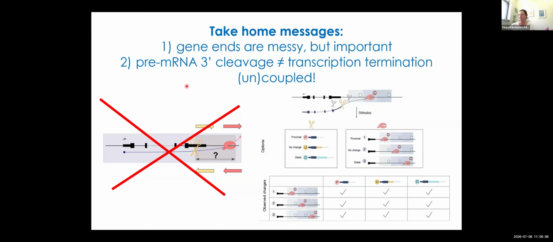But it turns out that the coupling does not work in the way that we've been thinking, that the two processes, when they change, would change in the same direction. It rather seems that basically all directions are possible. So with this, I'd like to thank you for your attention. I'm happy to take any questions.